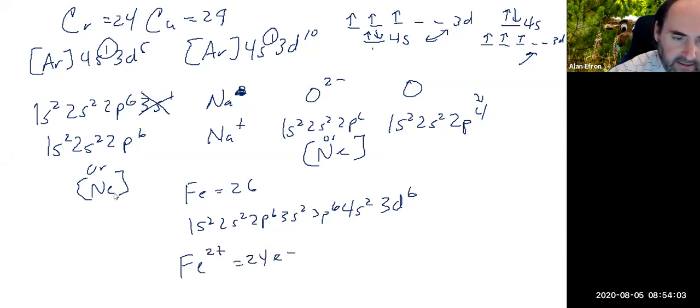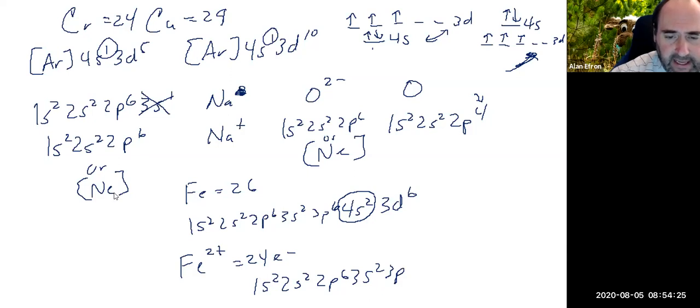And unlike our representative elements, where you could just take the last ones, because of this switch with the s orbitals, it will always lose its s orbital electrons first. It would end up with 1s2, 2s2, 2p6, 3s2, 3p6, and then 3d6, losing the 2 electrons from the 4s first.